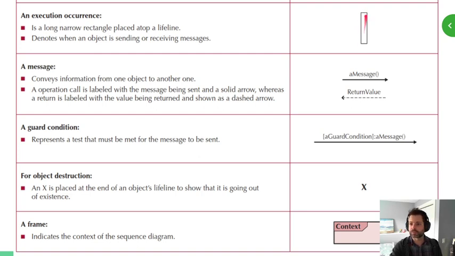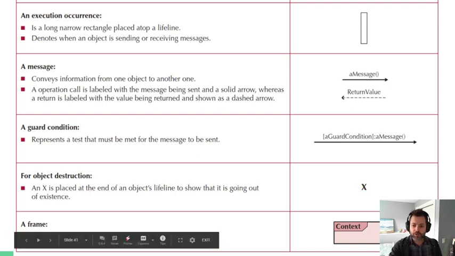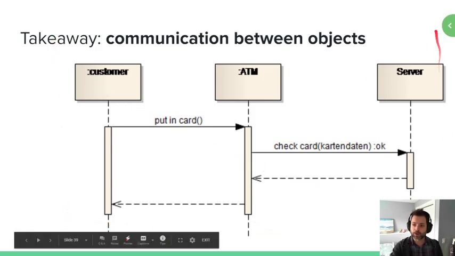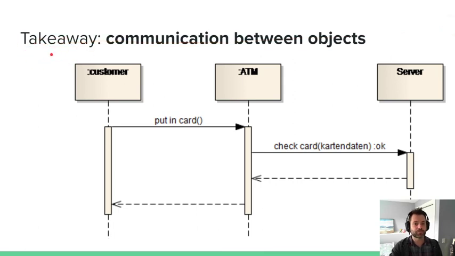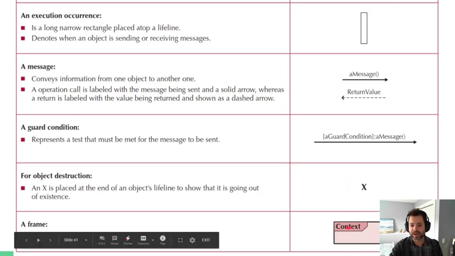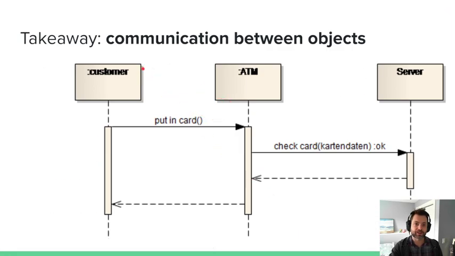This is your focus of control. Your messages. Object destruction was that X. You can put a frame around things, so you haven't seen that, but basically I would put a frame around this with a description of what the sequence is supposed to represent. So like I'd put this frame, and context would be check bank card or something of that nature.